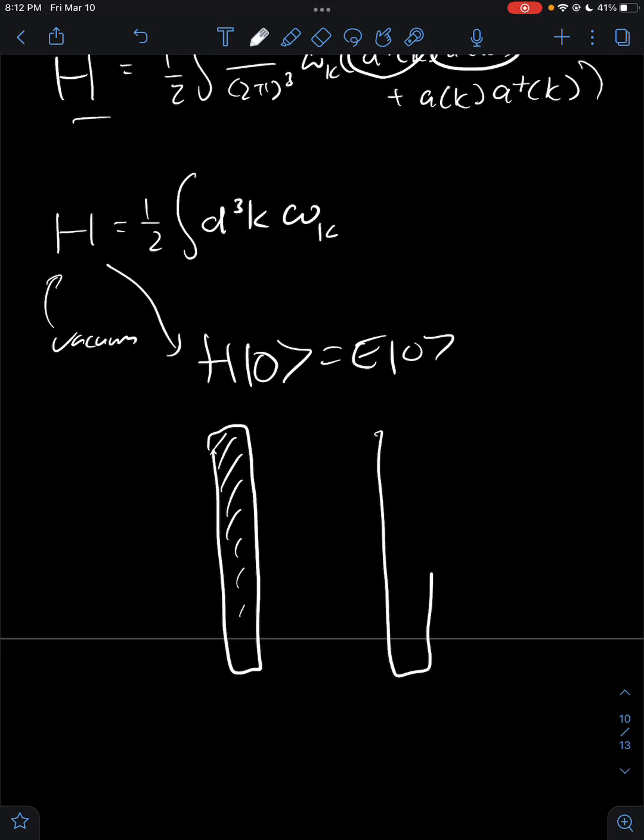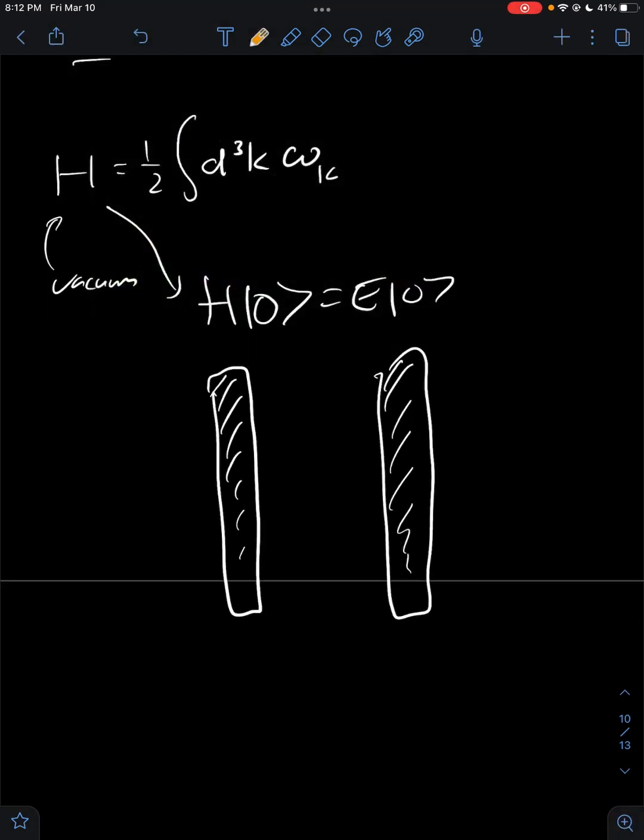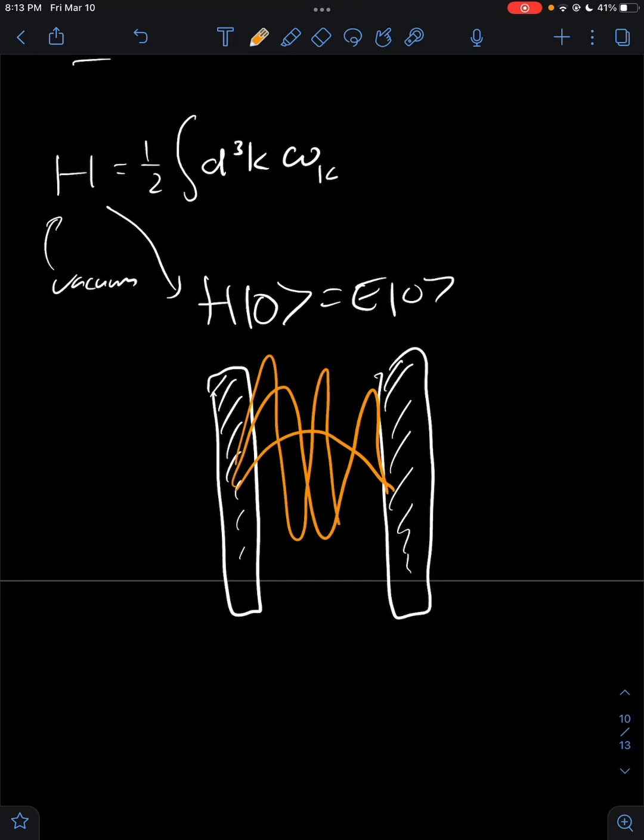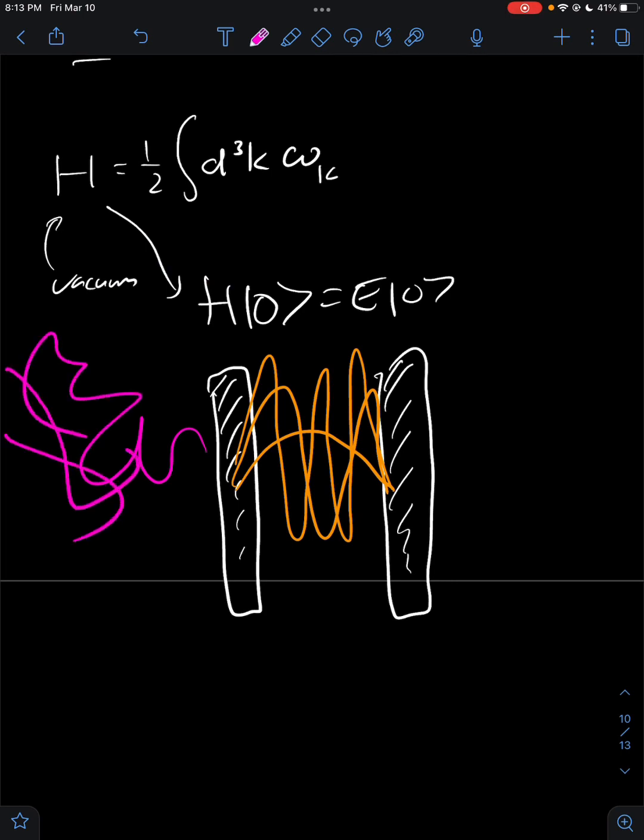So in the Casimir effect, we have two long plates, and basically we calculate the quantum field inside the plates, and we see that inside the plates, the number of modes is quantized, it's discrete, but outside of the plates, the quantum field can be breakdancing, it can be doing anything it wants to, as long as it obeys the Klein-Gordon equation, and as long as it goes to 0 at the plates.